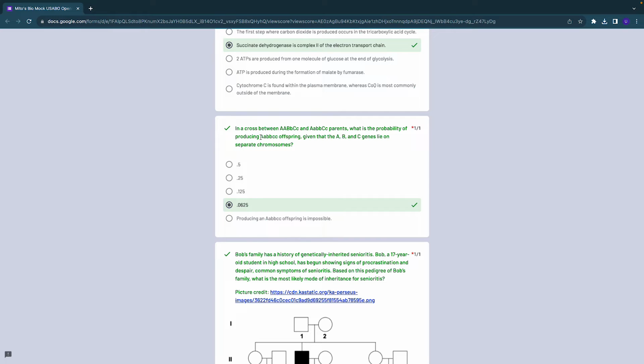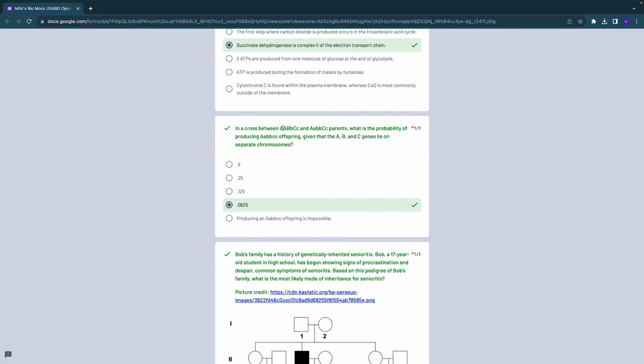We can look at the probability of getting offspring with big A, and then with small b, small c, and we can multiply those together by the multiplication rule. So basically, the probability that you would get a big A, small a offspring from these parents would be 1/2.